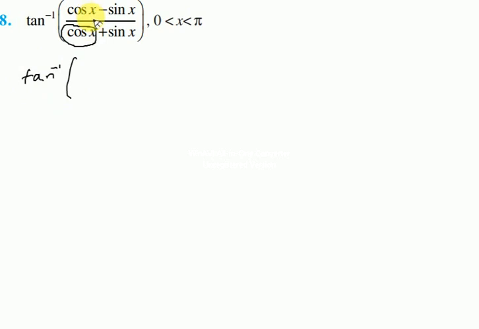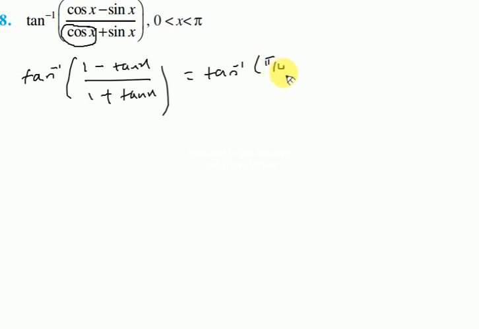Divide numerator and denominator by cos x, then it is cos x by cos x, 1, minus sin x by cos x, which is tan x, divided by 1 plus tan x. So this is equal to tan inverse of tan of pi by 4 minus x, because 1 is tan pi by 4. So tan inverse and tan cancel, giving pi by 4 minus x.